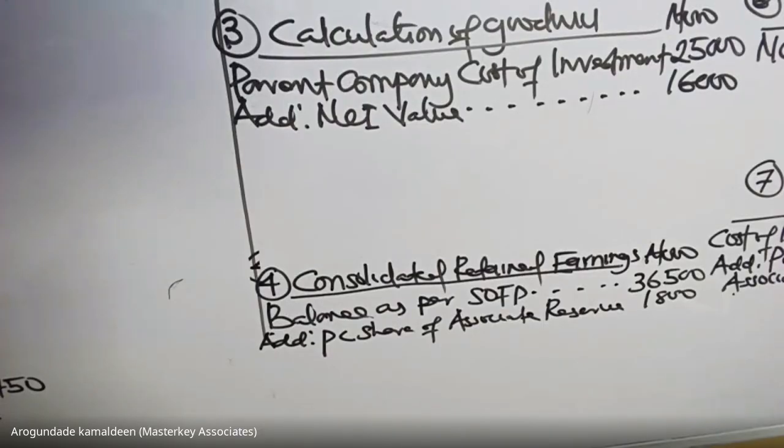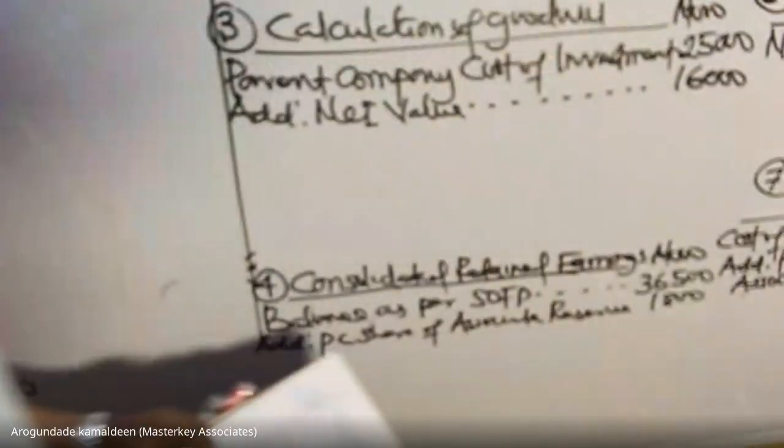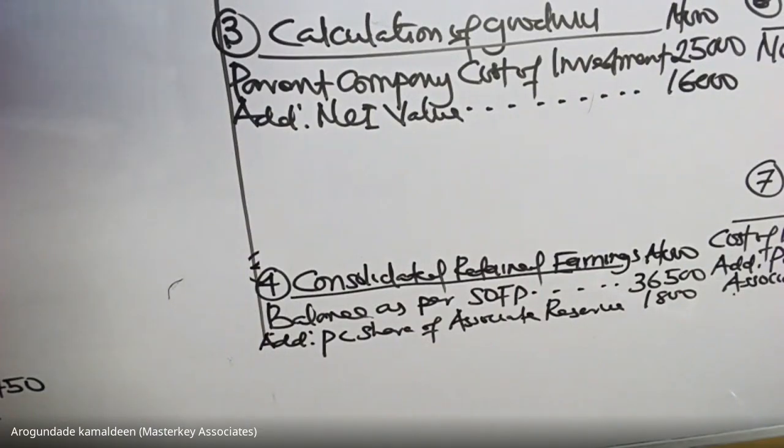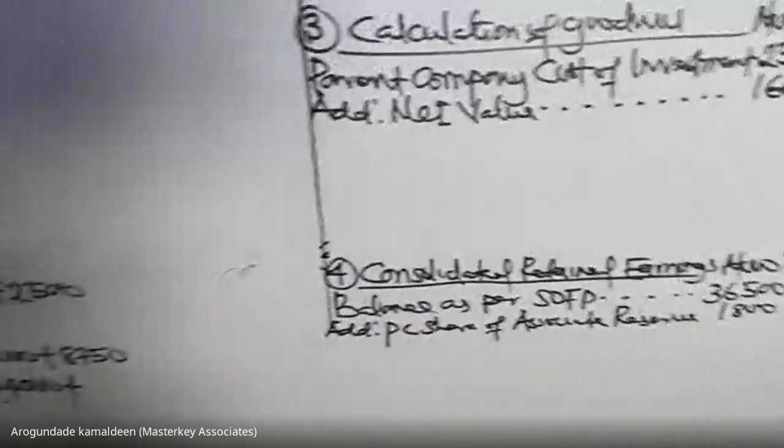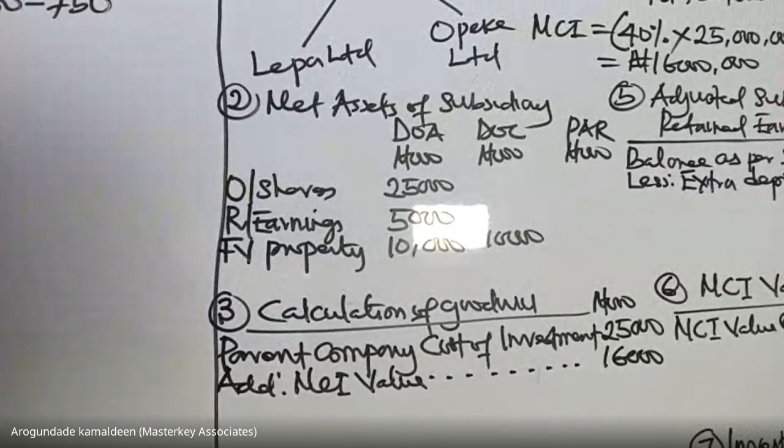So the next thing now, note 4. Lepa Limited manufactures components used by Orobo and Opeke.